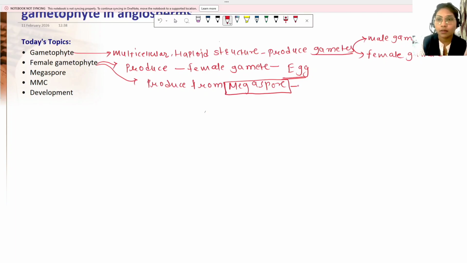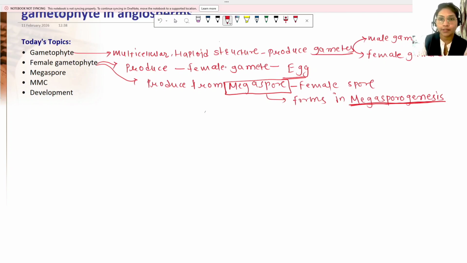It's a female spore which forms in the process of megasporogenesis. Okay, megaspore is formed by the process of megasporogenesis.